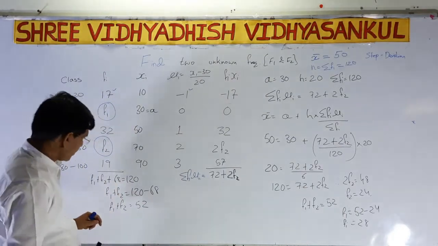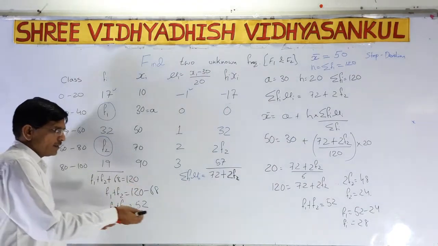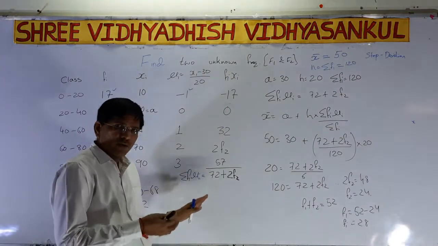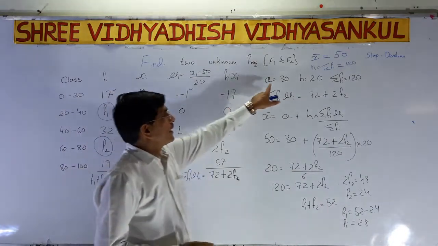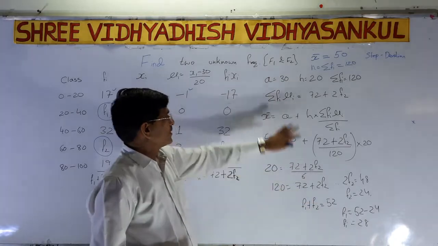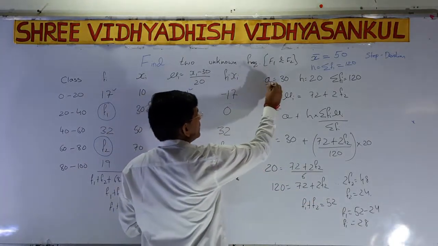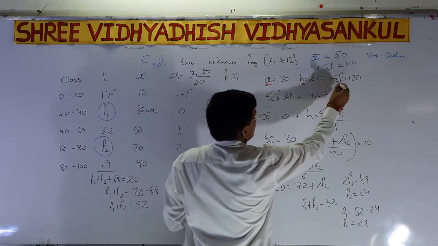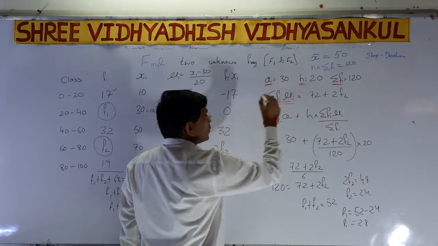Now all the values we have already found. Sigma Fi is 120. Sigma Fi Ui we have already found, 72 plus 2F2. Now whatever values we have to put, first we have to write them: A, H, sigma Fi and sigma Fi Ui.